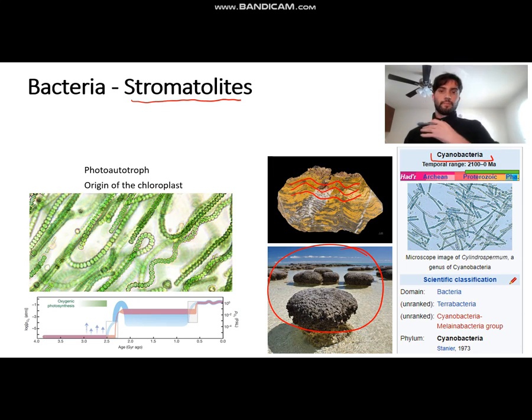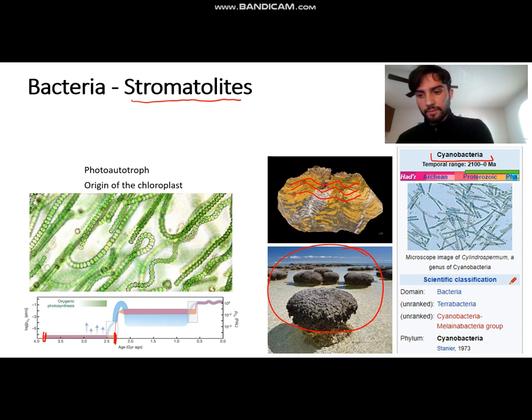There are huge areas of stromatolites, which are cyanobacteria colonies. Between 3.8 and 2.5 billion years ago, these photosynthetic bacteria that have chlorophyll started to collect CO2 from the atmosphere, and they also had the sunlight.